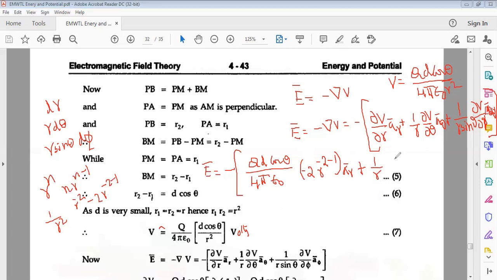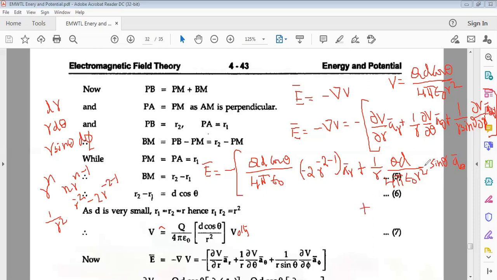In this, q d by 4 pi epsilon naught r square is a constant, and for cos theta, apply the derivative of cos theta. Cos theta gives minus sin theta here, and the a theta bar.